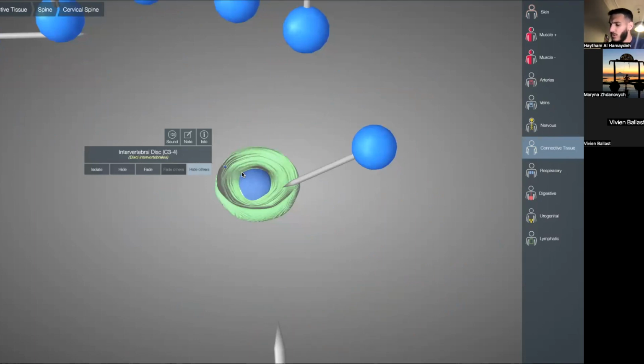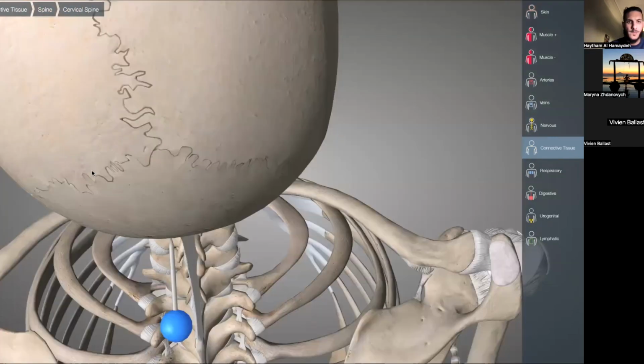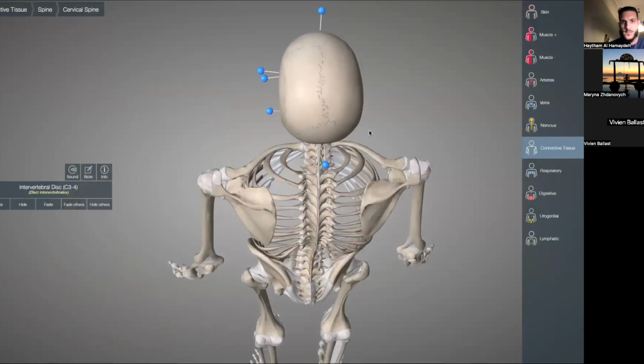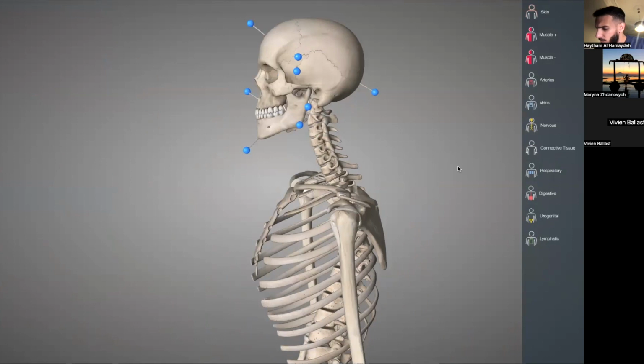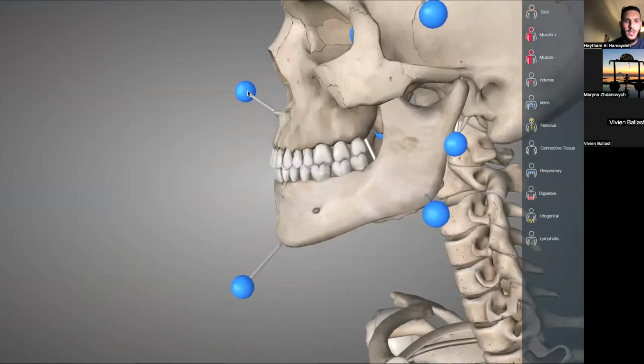All right, moving on. For the 7th point, I'll hide the connective tissue. I need this one here. This part.